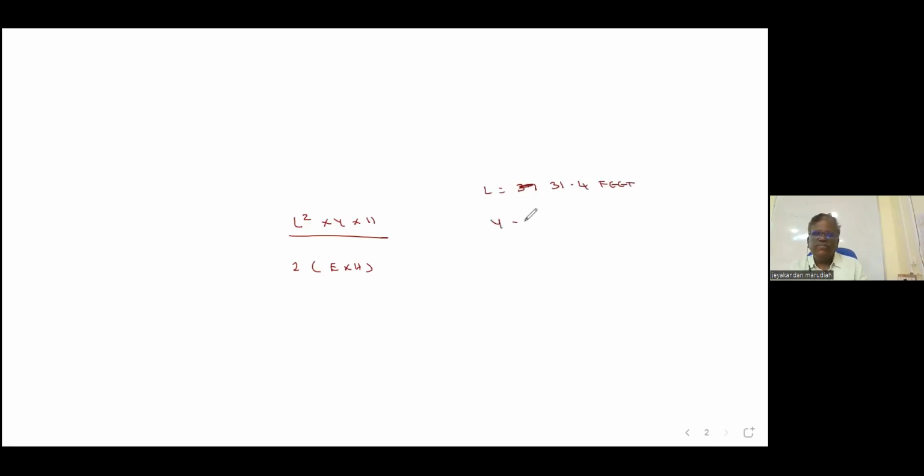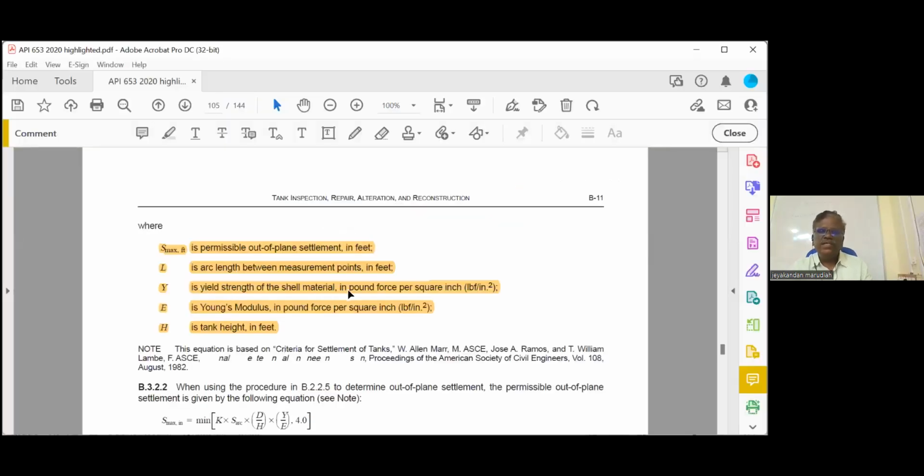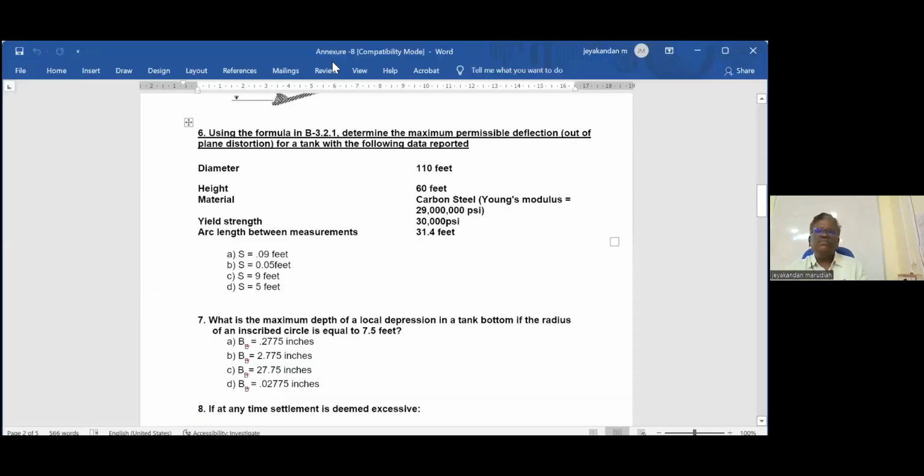And Y? Y is the yield strength in PSI. If you go to the question, yield strength is 30,000 PSI.